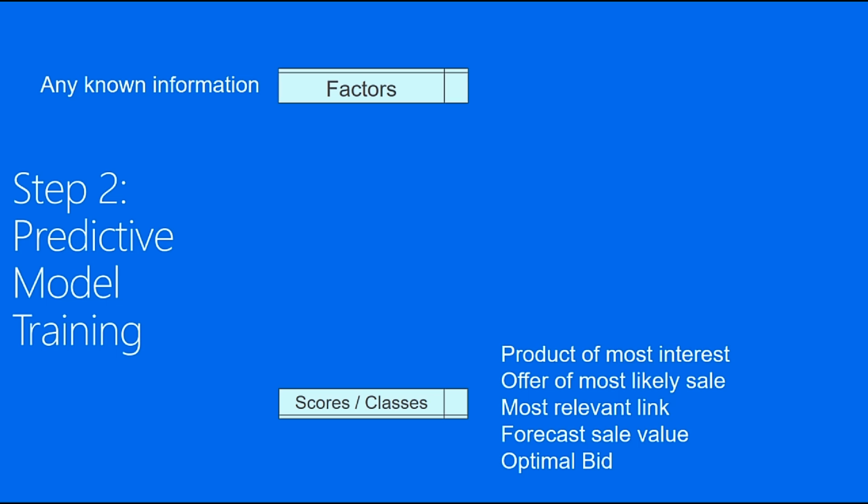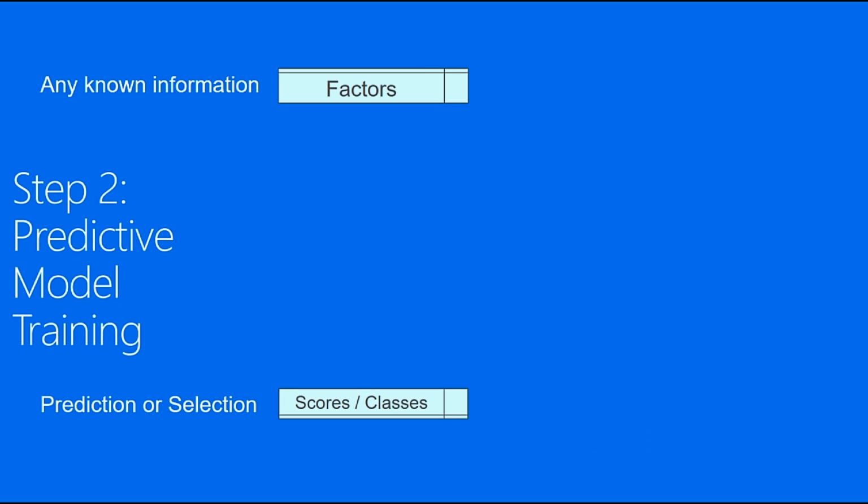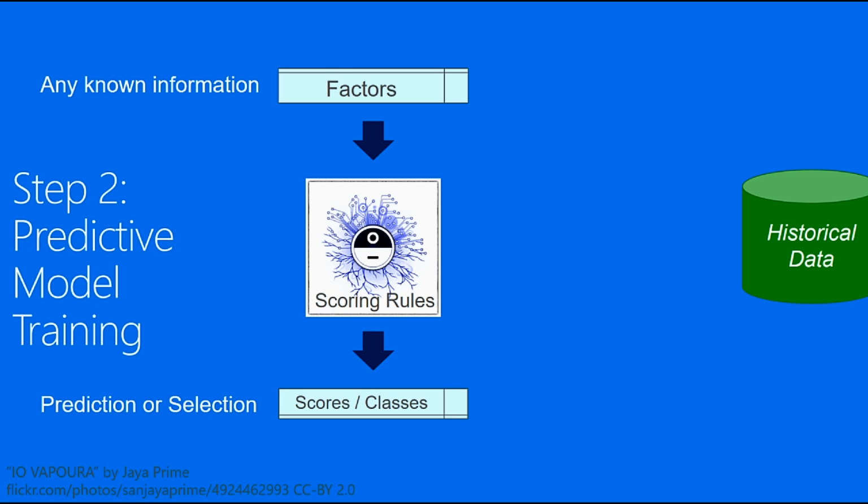In the finance thing, or in the Zillow case, that was the forecast sale value of the house. And in a financial setting, that might be something like the optimal bid. That's our prediction or selection. And as I mentioned, what we need to do is generate some rules that translate what we will know in the future with what we want to predict in the future. And we're going to use our historical structured data that we generated from the previous step to do that.